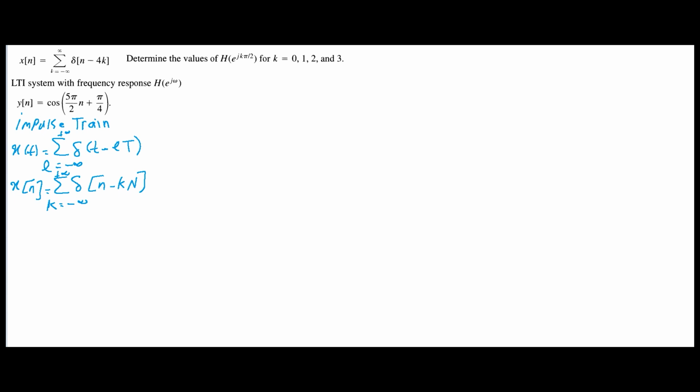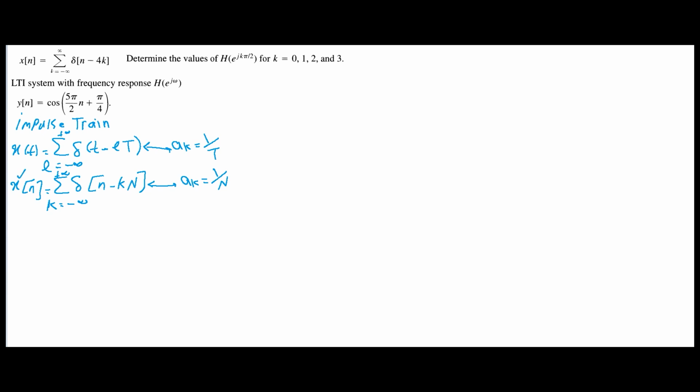These are known as impulse train signals. For these signals, the continuous time Fourier series coefficients are equal to 1/T, while for discrete time signals they are equal to 1/N, where capital N is the period of the discrete time signal.